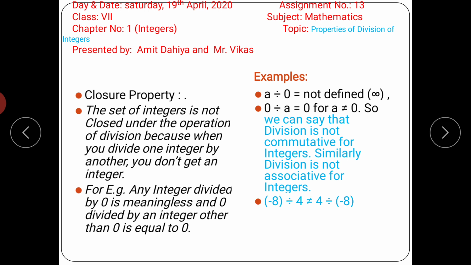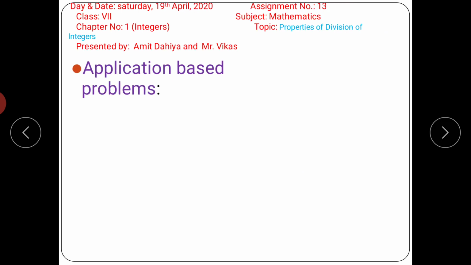I hope you understood this. Next, application based problems. First problem: find minus 100 divided by 5. You can easily solve it. Sign convention: two opposite signs are there, negative and positive. Then, as we said in the previous slide, divide as whole numbers. So 100 divided by 5 gives 20, and put a negative sign in front of the quotient.